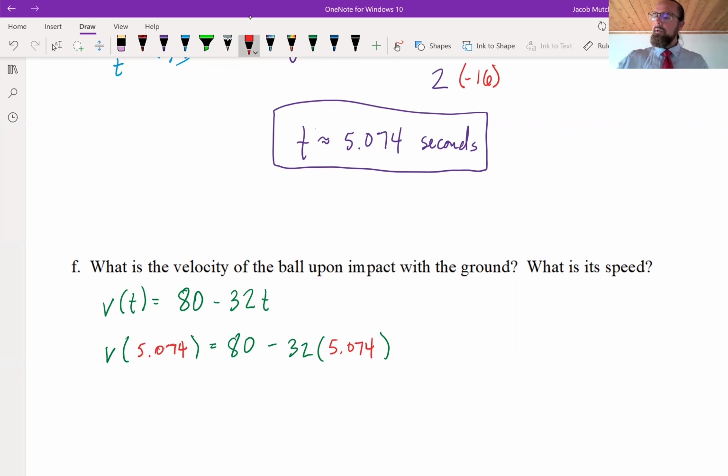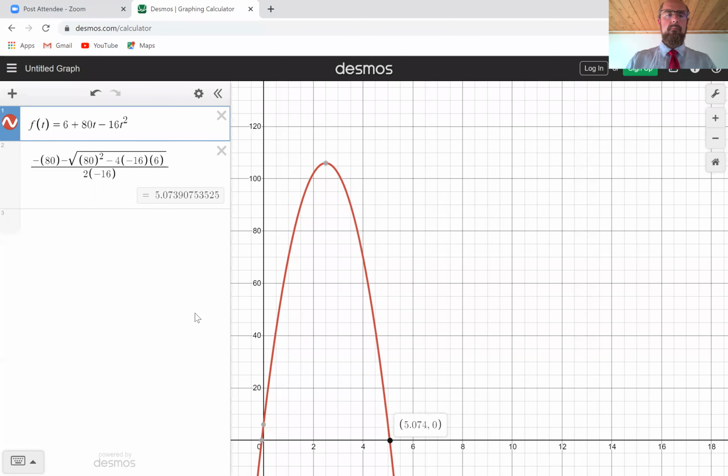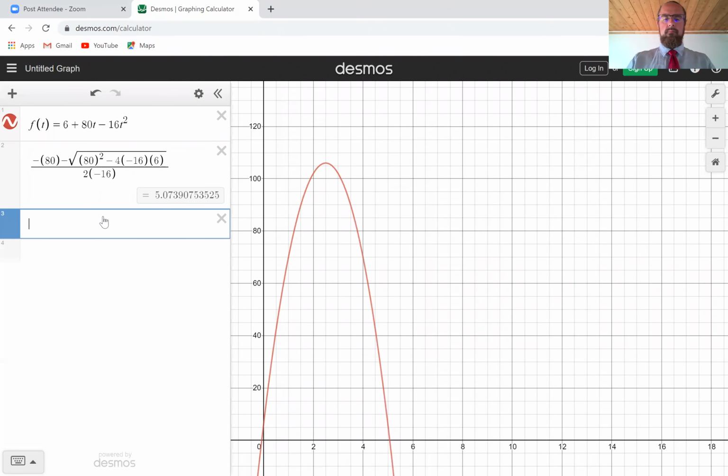And that we can substitute back in, probably get that most quickly calculated on Desmos. So I'm going to write it down, and we'll just crunch that number real quick since there's so many decimals. So let's calculate, we don't have to give a function because we're just evaluating. So 80 minus 32 times 5.074.